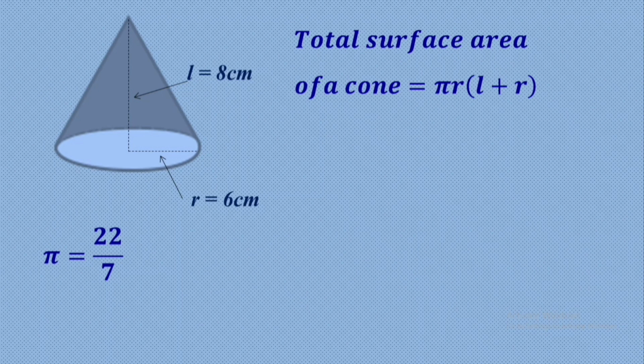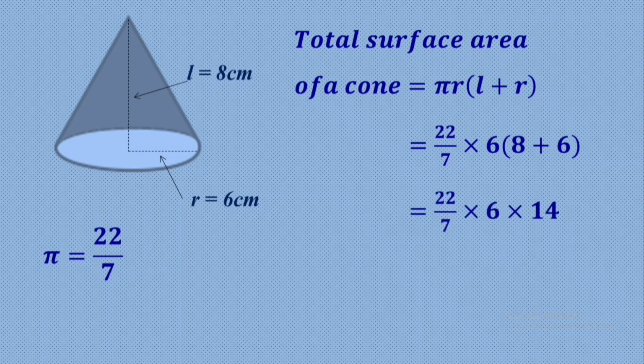Substituting the given values, you have 22 over 7 times 6 times (8 plus 6). 8 plus 6 is equal to 14, so you have 22 over 7 times 6 times 14. 7 can go into 14 to give 2, thus you have 22 times 6 times 2. 22 times 6 times 2 is 264. Therefore, the total surface area of this cone is 264 cm squared.